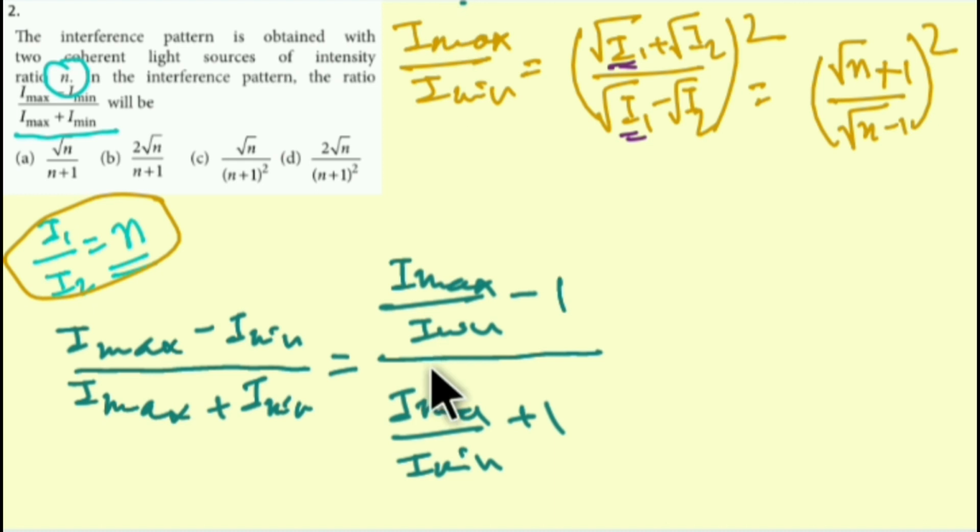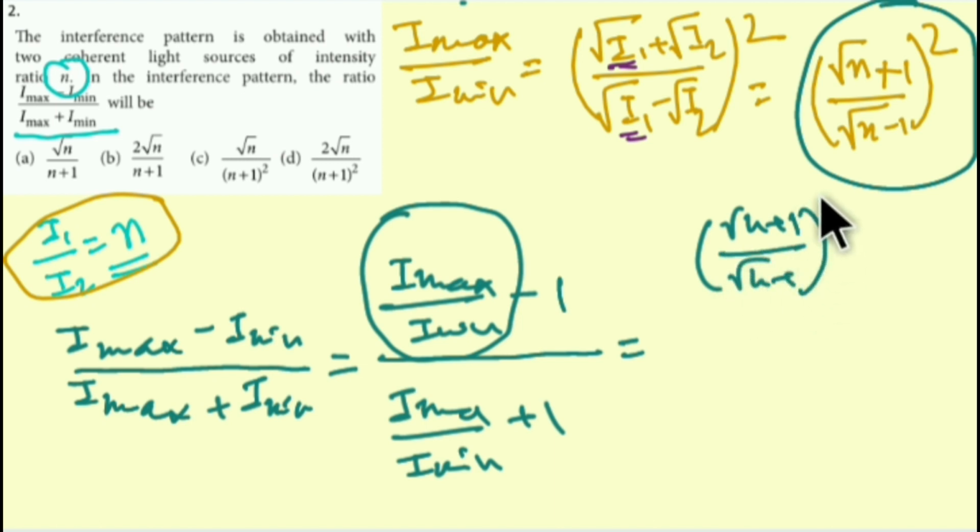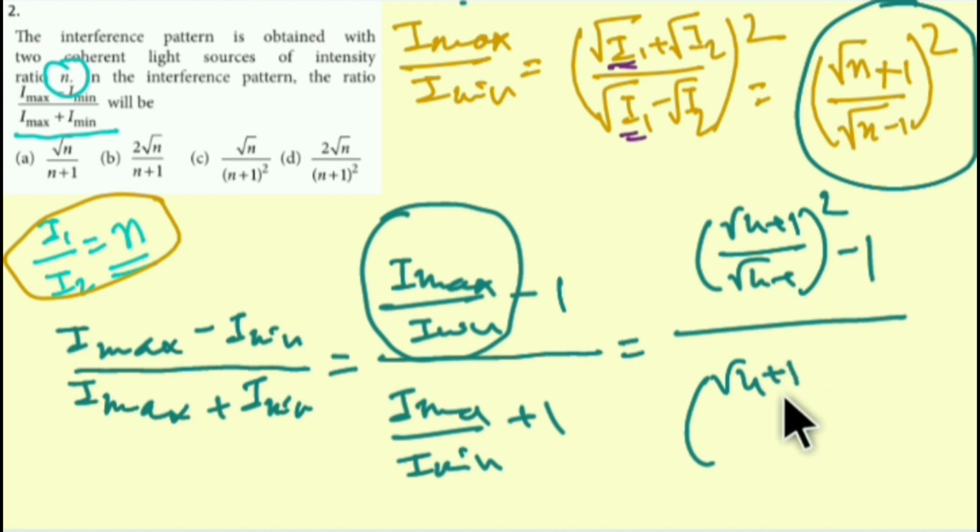We put the Imax by Imin value we got earlier: root n plus 1 by root n minus 1 whole square minus 1, divided by root n plus 1 by root n minus 1 whole square plus 1.